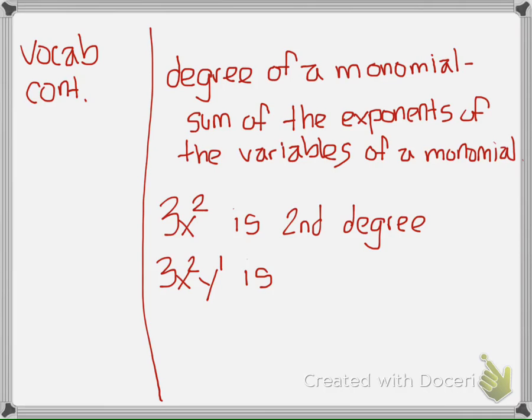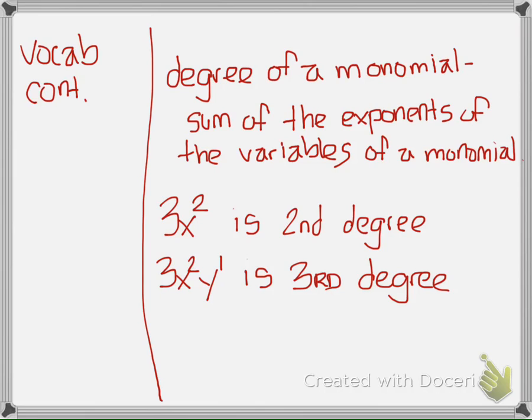Remember, when there's no exponent, it's 1. Add 2 and 1 together and that gives you a third degree monomial. We're not counting the whole number, we're just counting the powers, the exponents of the variables.